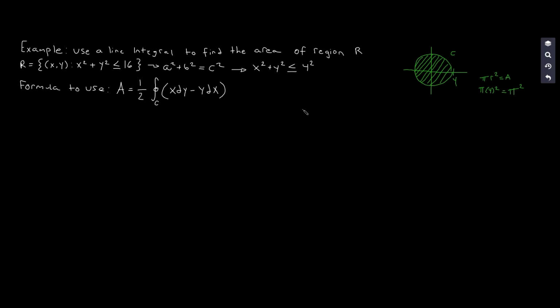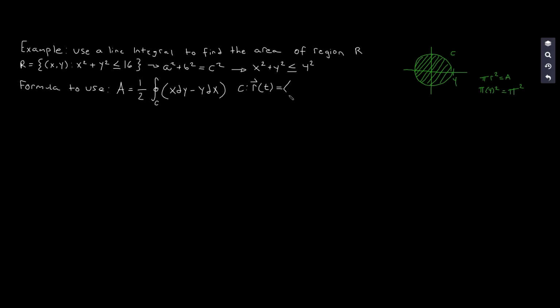That is 1/2 times the closed integral over C of x times dy minus y times dx. Well, we can set up for C the vector r of t. It's a circle, so sine is y and cosine is x.